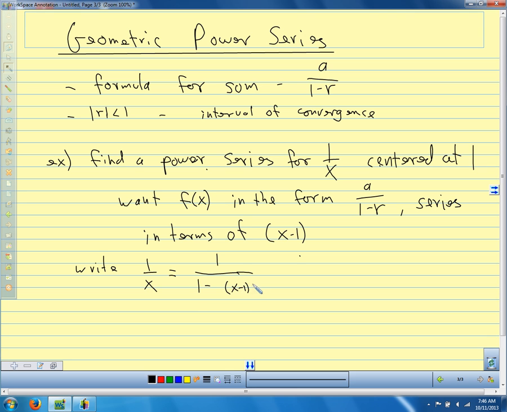What kind of manipulation do I have to do to get this denominator to equal x?